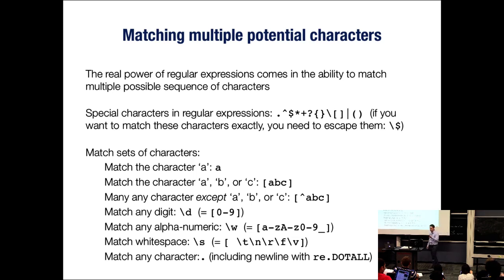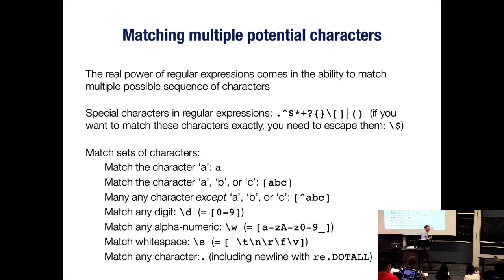So if you want to match those characters exactly in your text, you have to escape it with a backslash before those characters. And these things are all typically kind of modifiers or wildcard characters or some sort of special character that indicates something you want to match. So the first thing we can talk about is how you match not just one character, but say you want to match the character A or B. The way you do that is you enclose those characters you want to match in brackets.